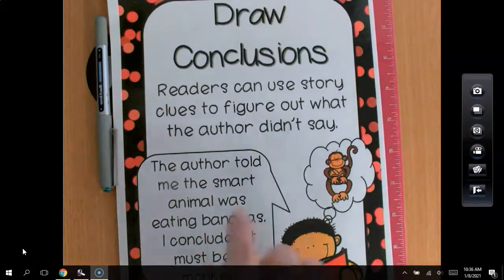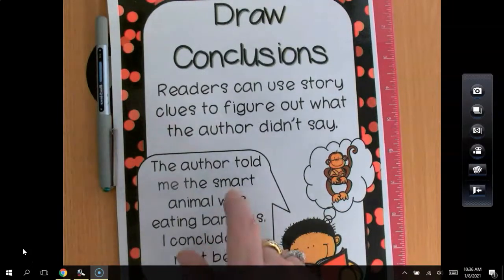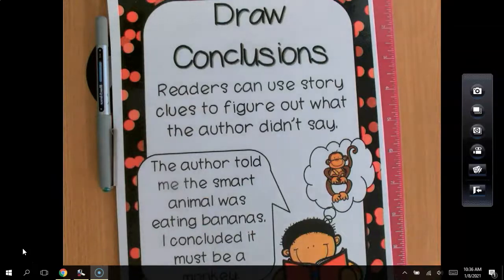Well, the animal eats bananas. It's smart. When I think of an animal eating bananas, I think of a monkey. So you can make a conclusion that the author is talking about a monkey.